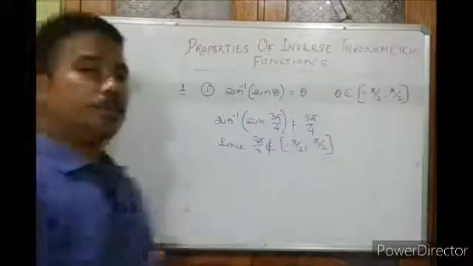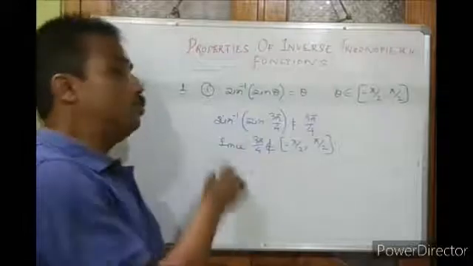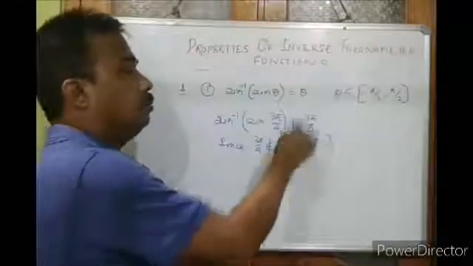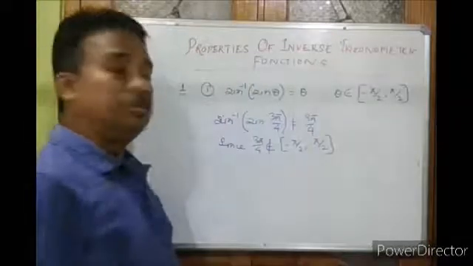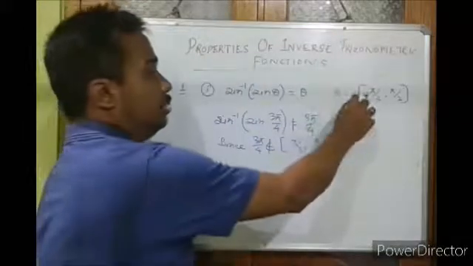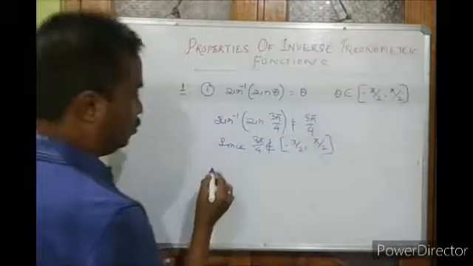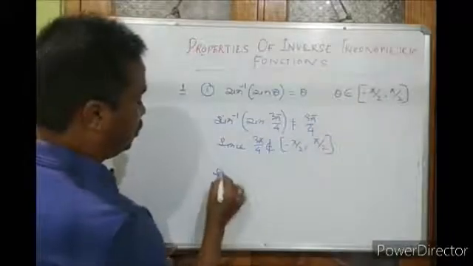So what will it actually be? We make this angle belong to the interval minus pi by 2 to plus pi by 2. So how to do that?